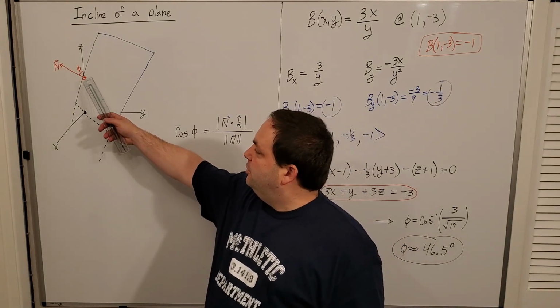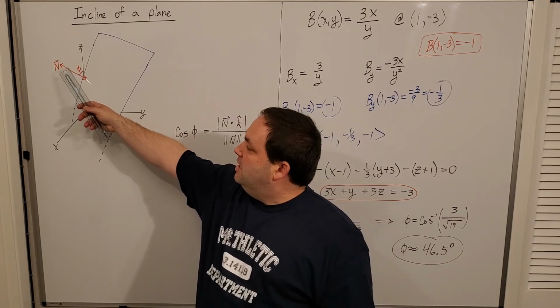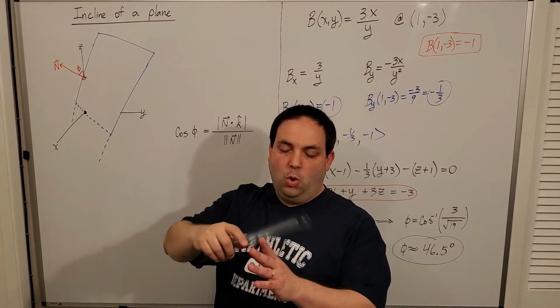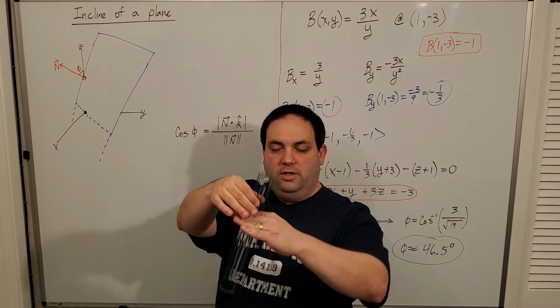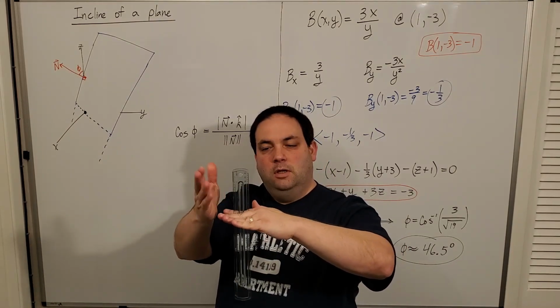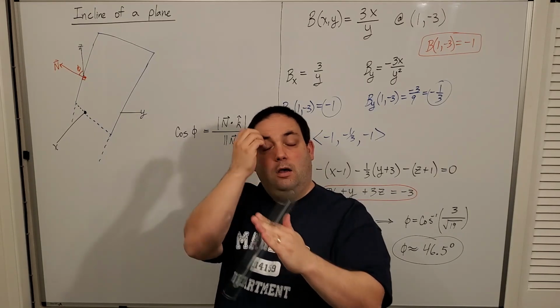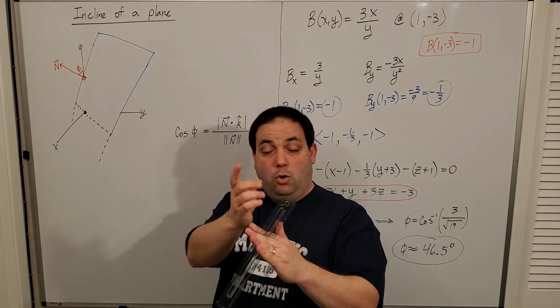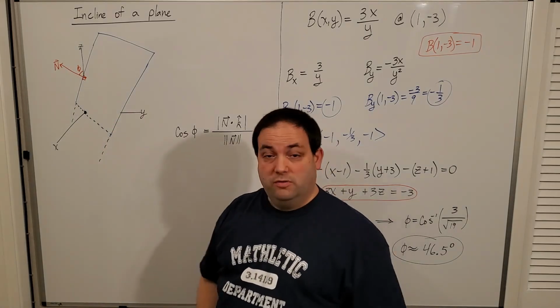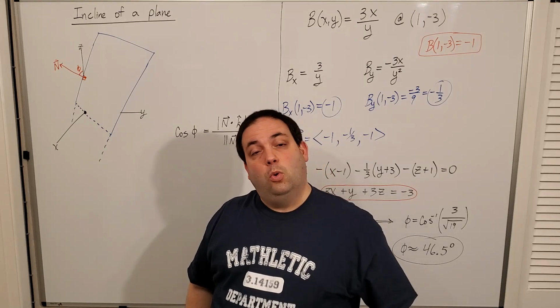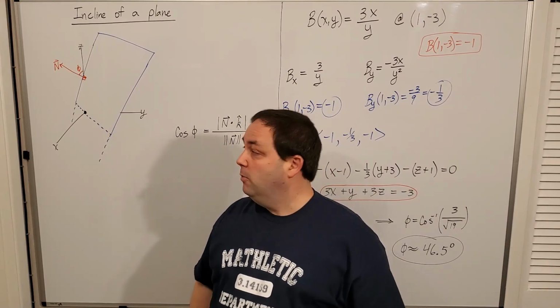Therefore, what we do is we compare the normal vector to the z-axis, basically, because the normal vector controls the direction of your plane. So however it's canted off of the z-axis, remember in spherical coordinates, that angle would have been called phi, because it would be the angle coming off of the z-axis to whatever point you're talking about.